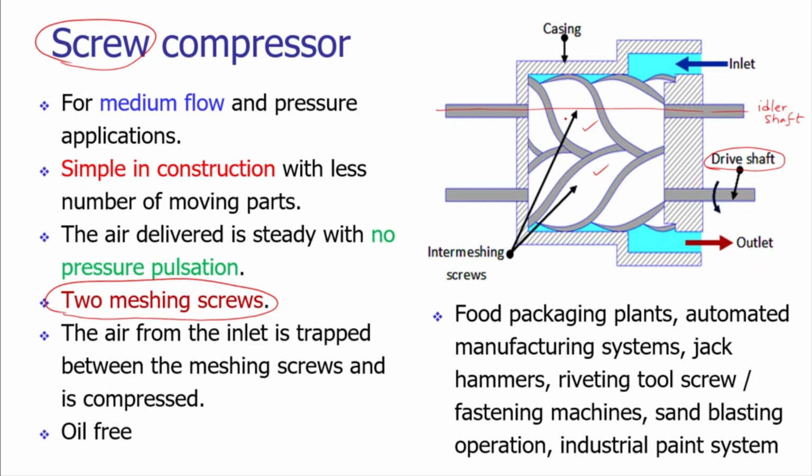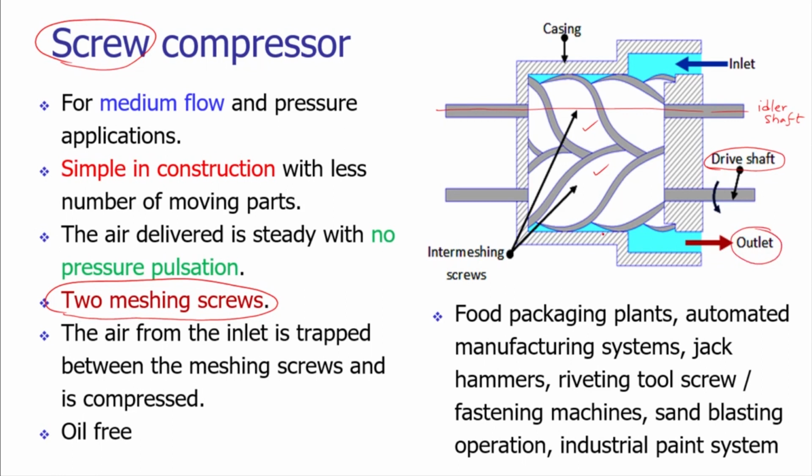the gaps in between the screw faces will reduce the volume of the air. As it is reducing the volume of the air, it is increasing the pressure on the air, and that compressed air will be taken out from the outlet valve.